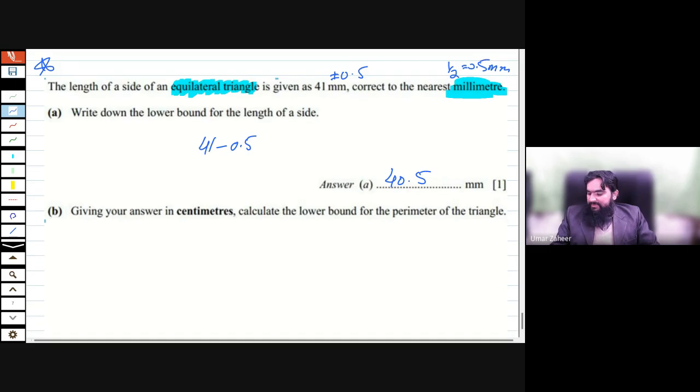Now in the next one, it says giving your answer in centimeters, calculate the lower bound for the perimeter of the triangle. How can we find the perimeter?